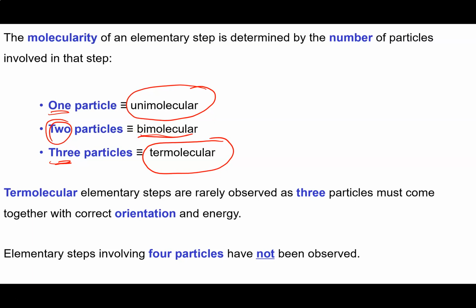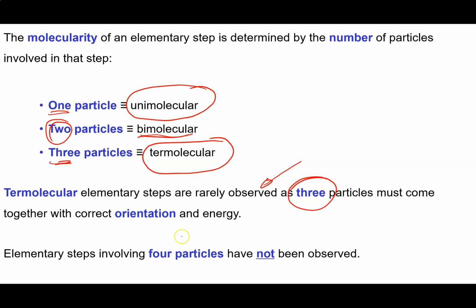Now, some things are more common than others. Termolecular steps, where we have 3 particles, are extremely uncommon. And the reason is that it's very hard to get 3 particles coming together all with the correct orientation and the correct energy. Much more difficult to achieve that than getting 2 particles to come together.